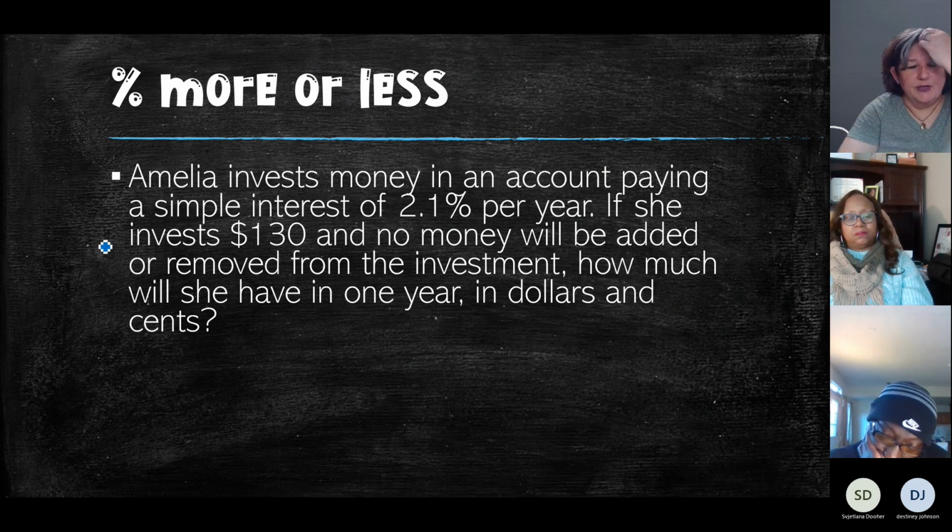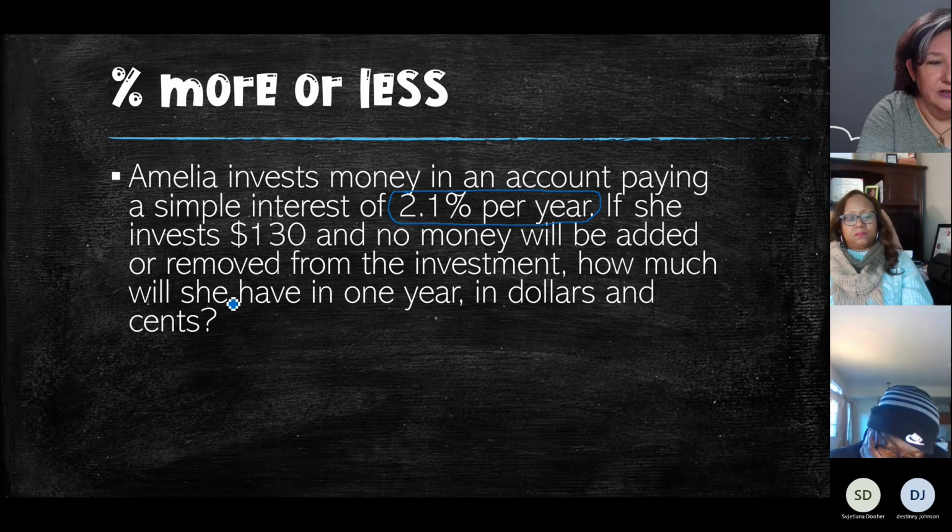The first step is to find out what 2.1% of $130 is, because they're assuming that we all understand how interest works, that when you have your principal, 2.1% of the principal is going to be added back to it per year.